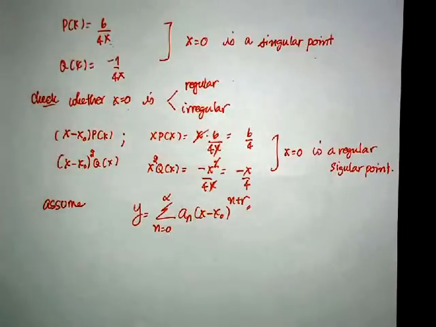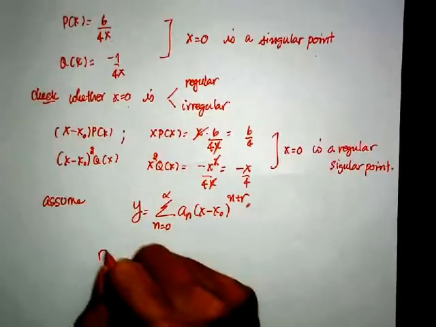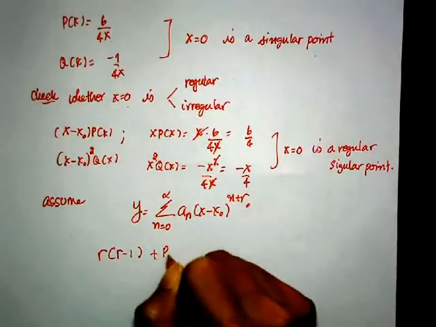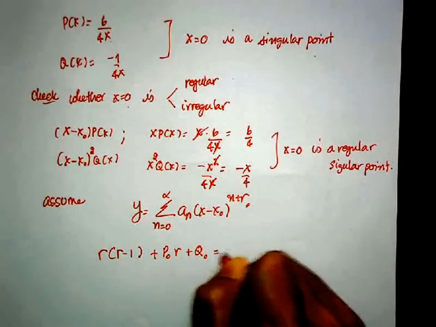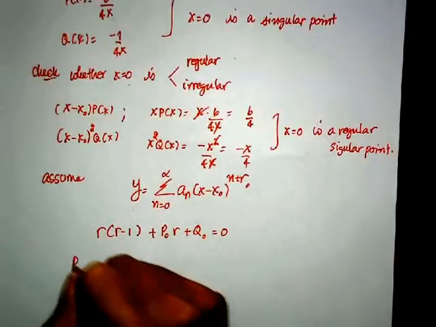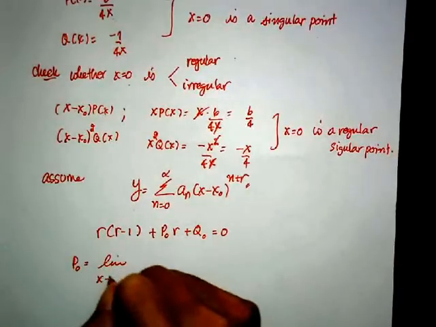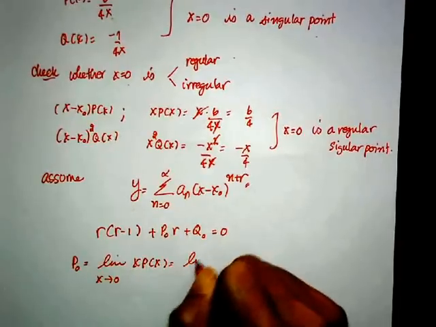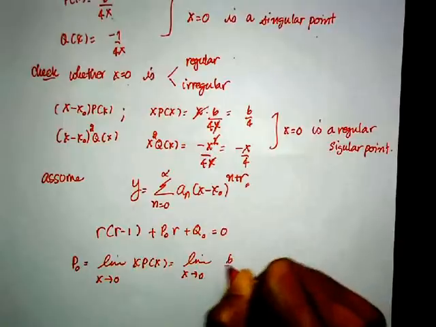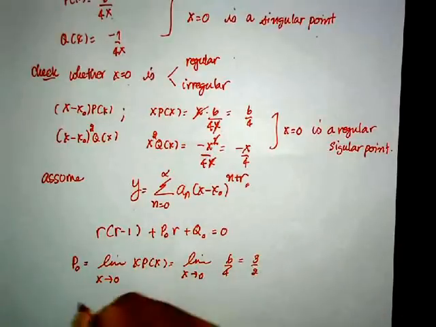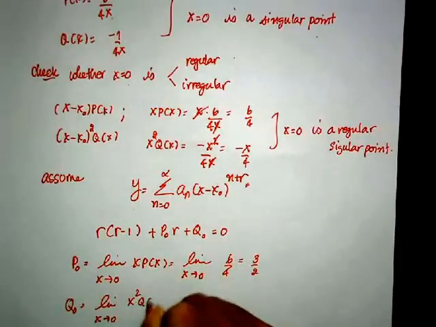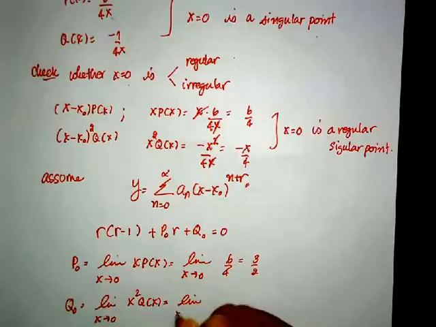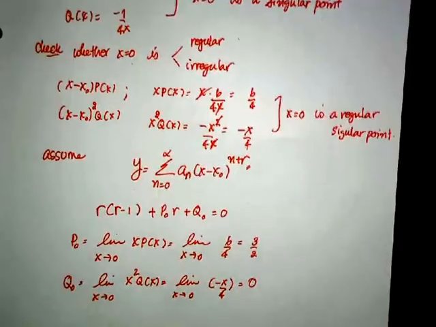Okay, and that equation is... and P0 is equal to the limit as x goes to 0 of x P(x)... Q0 is equal to 0.